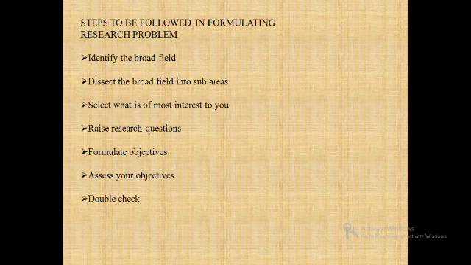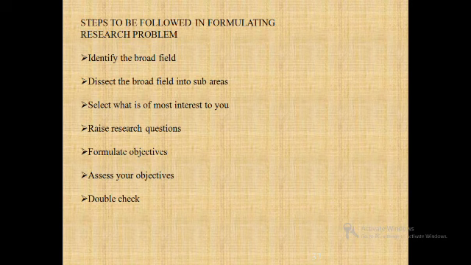There are various steps which are to be followed while formulating the research problem, such as, first of all, the researcher needs to identify the broad field or the area in which the researcher wants to pursue the research. The second step is to dissect the broad field into sub areas.